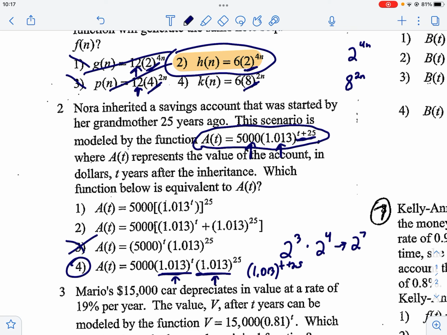Number 3 is no good because they just distributed the t to 5,000 and left the 25 behind, and that doesn't make any sense. For answer choice 1, that's no good, because in that situation, they've taken 1.03 to the t and raised it to the 25th power.